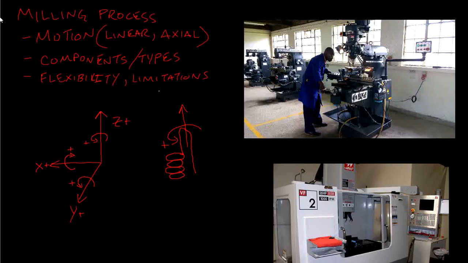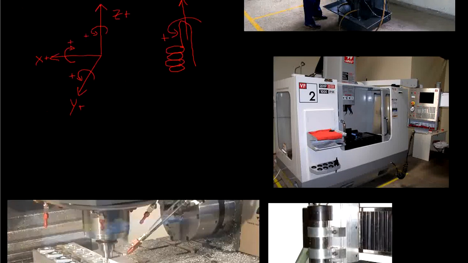And then there are different components to a mill. I'll just draw that here. You usually have a surface table and a spindle. Just draw the spindle like that with an end mill in it.